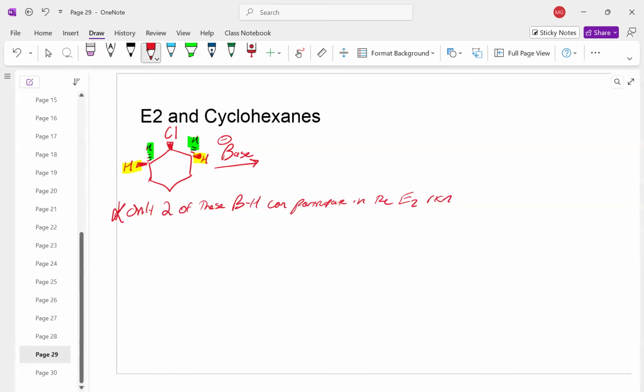I want you to take what we just learned about the stereoselectivity and stereospecificity. Which two do you think can be the ones that are able to be removed by that base? It's going to be the ones that are anti-periplanar, going the opposite direction to the leaving group.